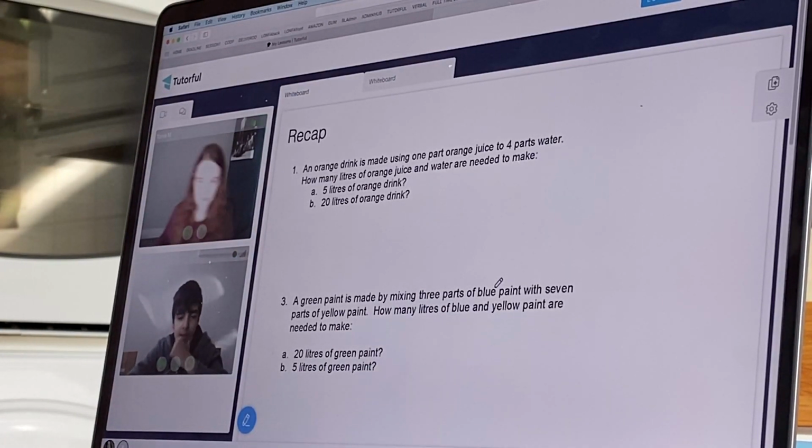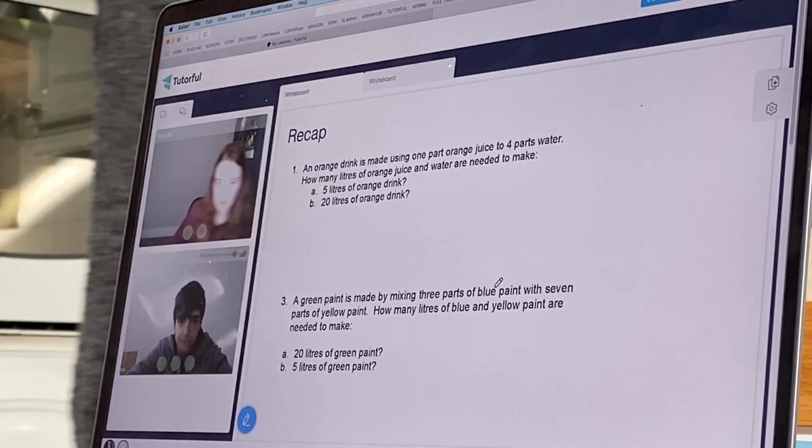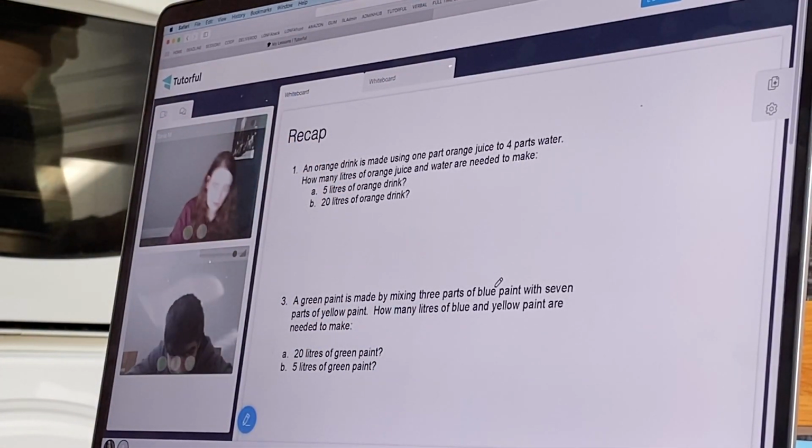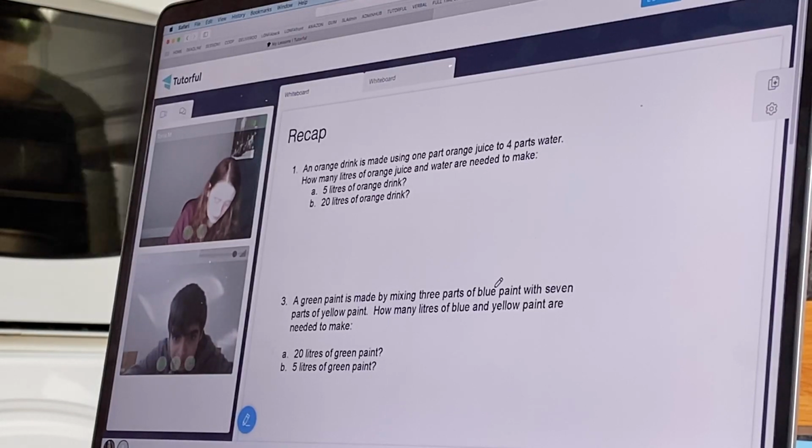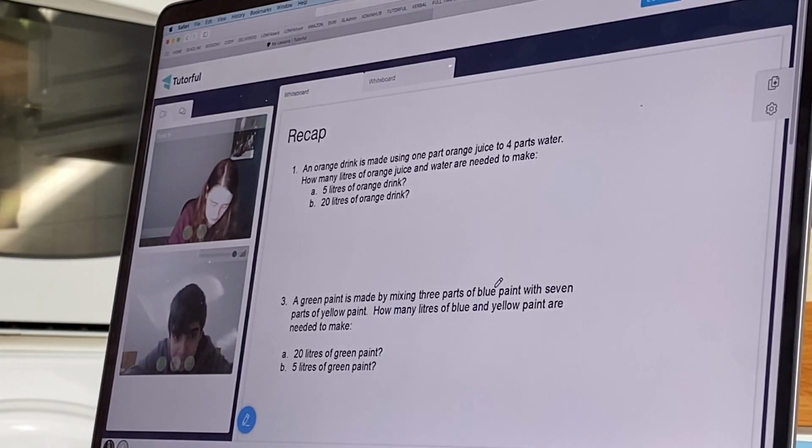Okay, so we've got 1 part orange juice to 4 parts water, and we want to make 5 litres of orange juice. So how much orange juice do we need?